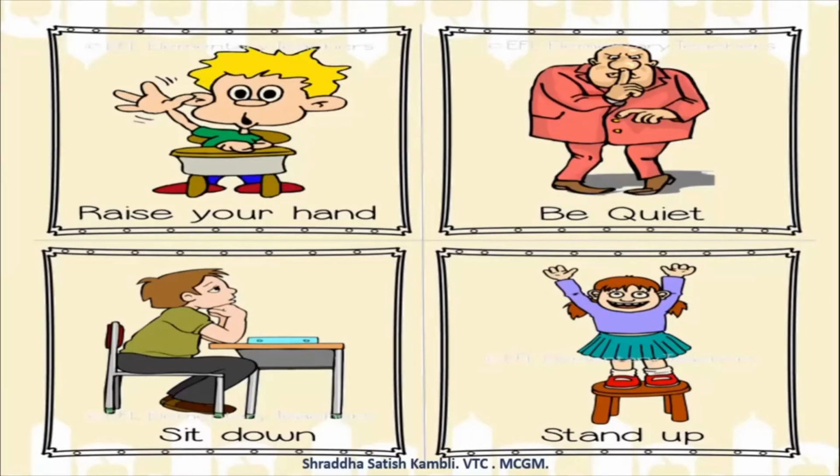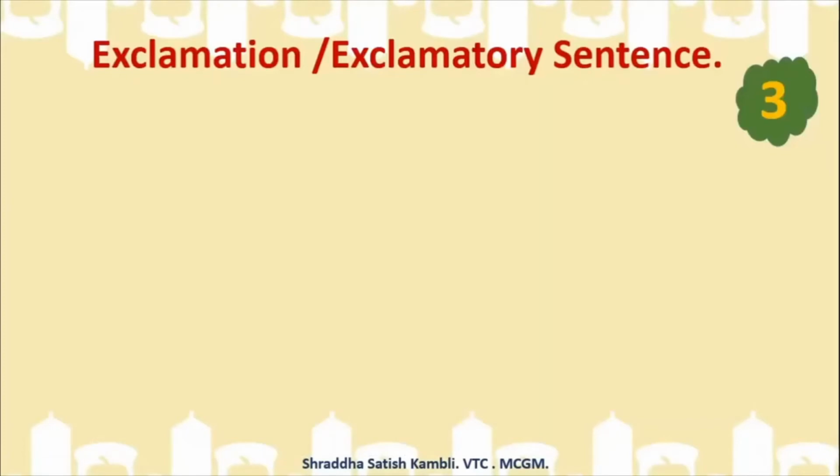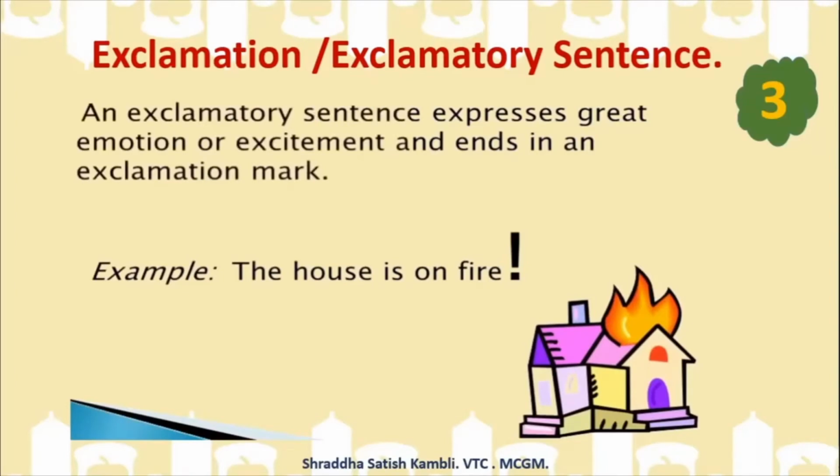Moving on, let us look at the third kind of sentence. We call it as exclamation, or we also call it as exclamatory sentence. Now this sentence and the next one, that is question, are very, very easy to recognize. The reason is in an exclamation you will always see an exclamation mark at the end.